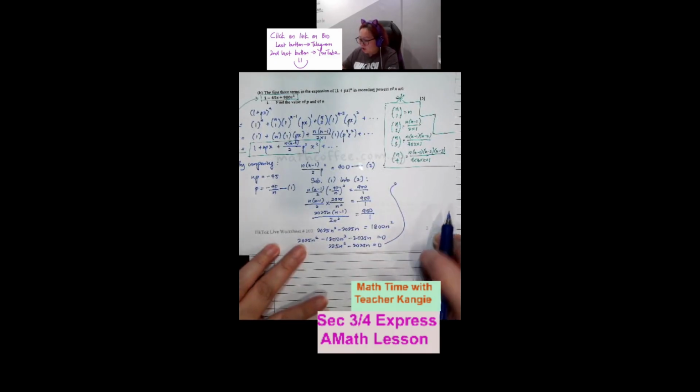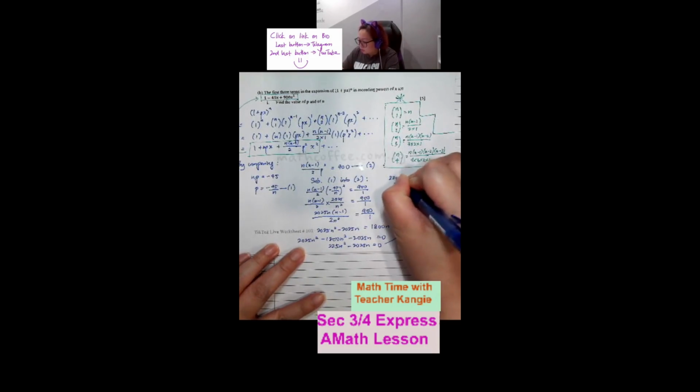Okay, this morning I was telling my student, a lot of times when you all solve quadratic equations, you all think that a quadratic equation definitely must have 3 terms. No, not necessary. So this one has 2 terms, then how to solve, right? Actually, we just need to factorize out the common factor. So in this case, the common factor is 225n.